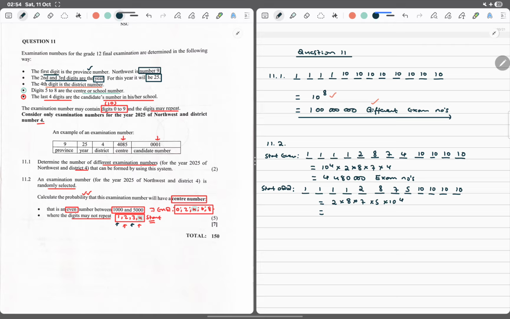This one gives us 5,600,000 exam numbers.